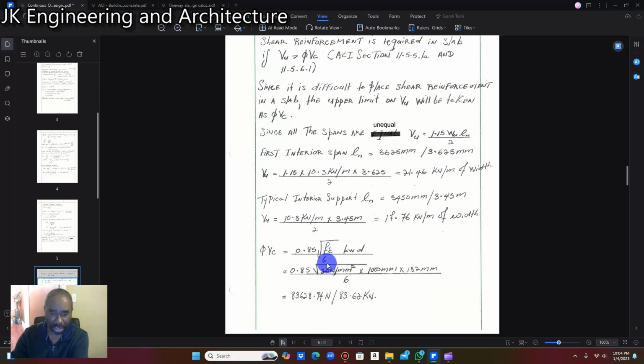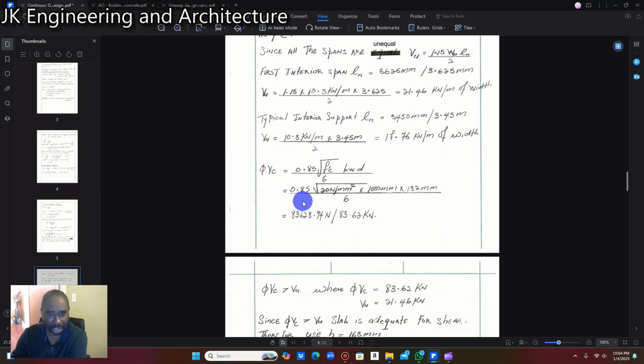So it's going to be 0.85 times the root of 20 Newton per millimeter square, which is the compressive strength of concrete, times 1,000 millimeter, 1 meter strip, times the effective depth of 132 millimeter divided by 6, and we get a shear of 83,628.94 newtons or 83.62 kilonewtons.